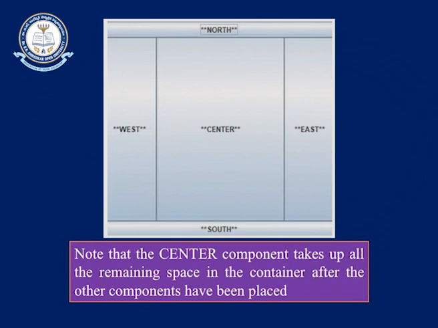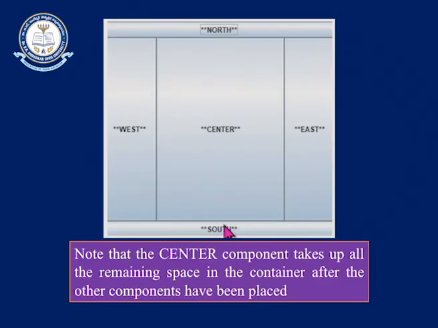See, the complete box is a layout, border layout. So, this border layout is used to divide the complete container into 5 regions: north, west, center, east, south.